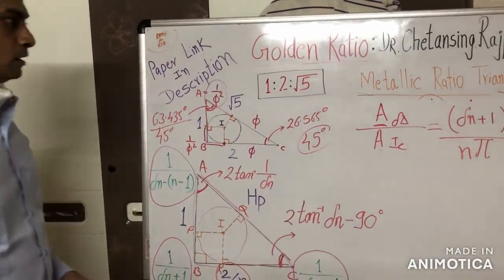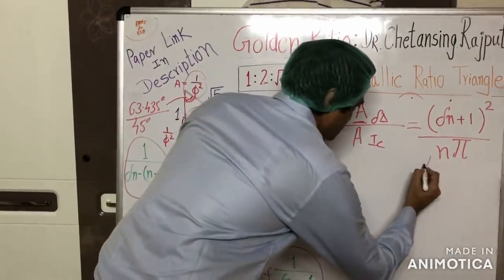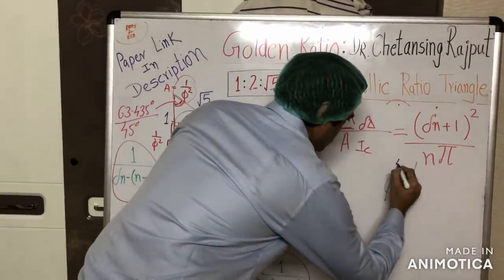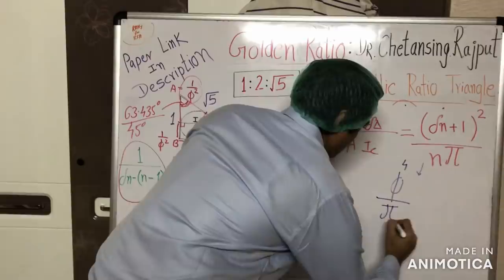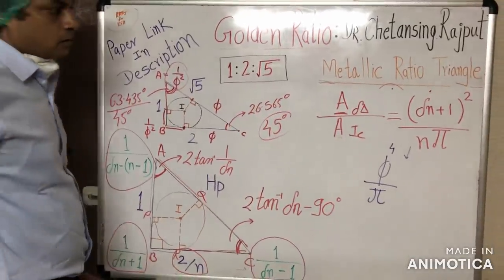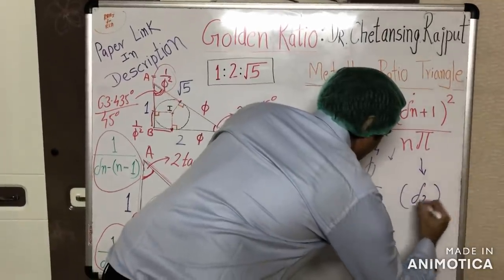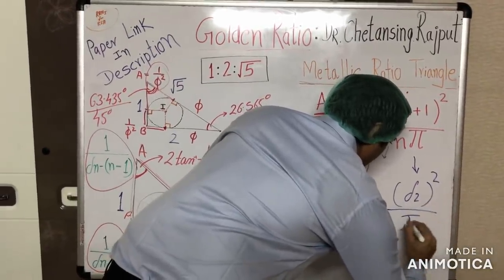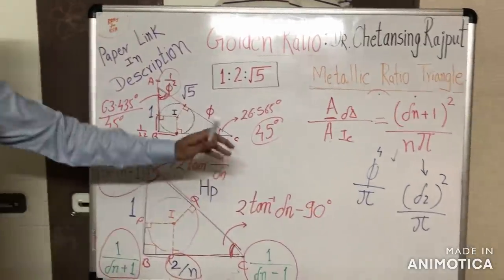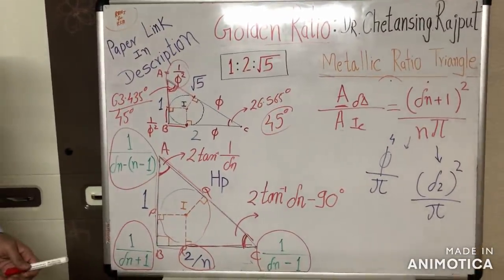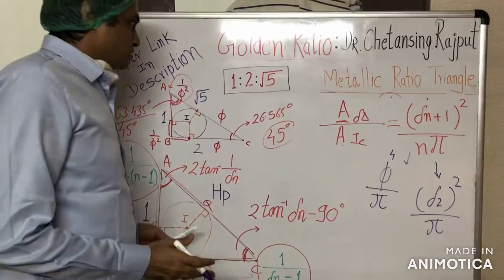This value comes to be 5 raised to 4 upon pi for the golden ratio triangle, or the square of the silver ratio upon pi for the silver ratio triangle, and so on. Hence, all these things can be generalized.